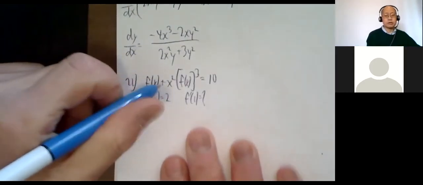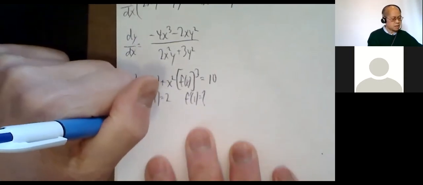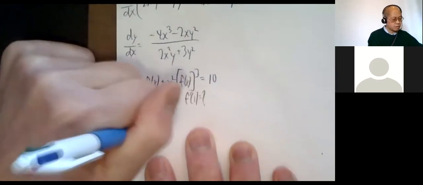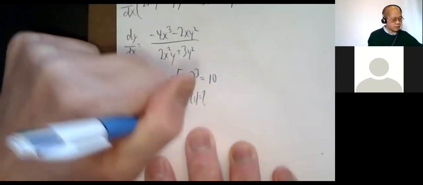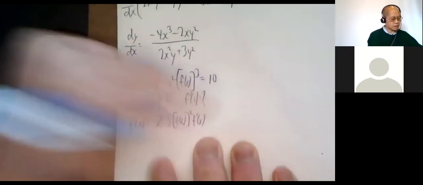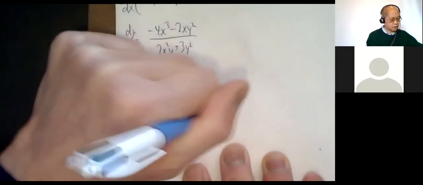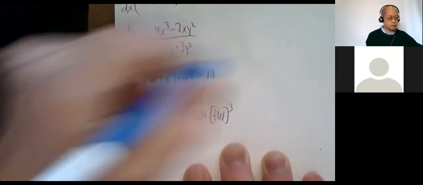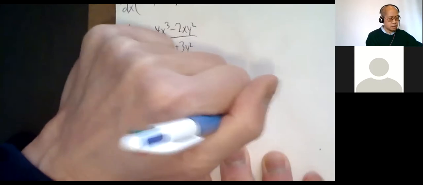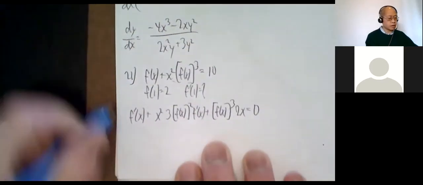Okay, differentiate both sides. f prime of x plus product rule. First times derivative of second, 3 f of x squared times f prime of x, plus second, f of x cubed, times derivative of the first, 2x, equals derivative of the right side is 0. Okay, and plug in 1 everywhere.